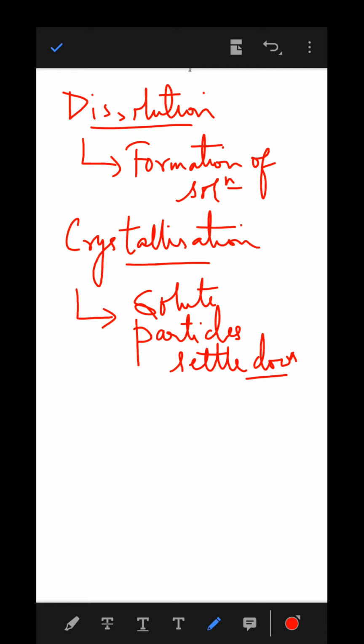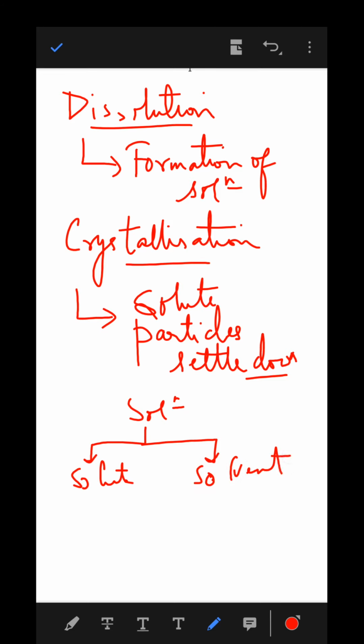Now we know that a solution is made up of both solute and solvent. Now the formation of solution is related to the intermolecular forces of attraction that exist between the solute and the solvent particles. During the formation of solution, the rearrangement of particles occurs.